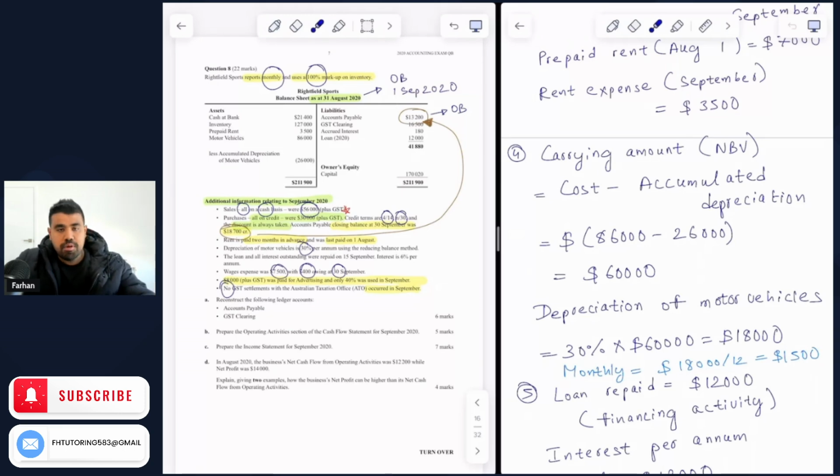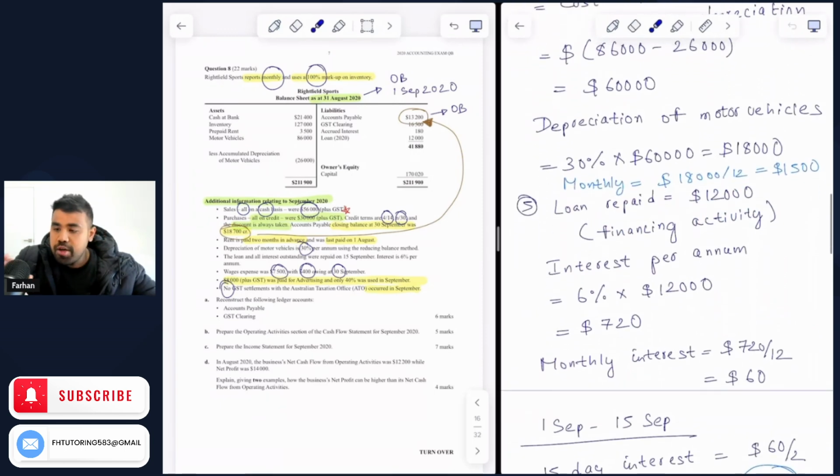That is the whole purpose of having non-current assets in the first place, within the business. We have non-current assets to help us generate more revenue. Okay, and as we generate this revenue, these non-current assets get utilized, and that's how they get expensed over time. All right, so let's move on to additional information number 5.